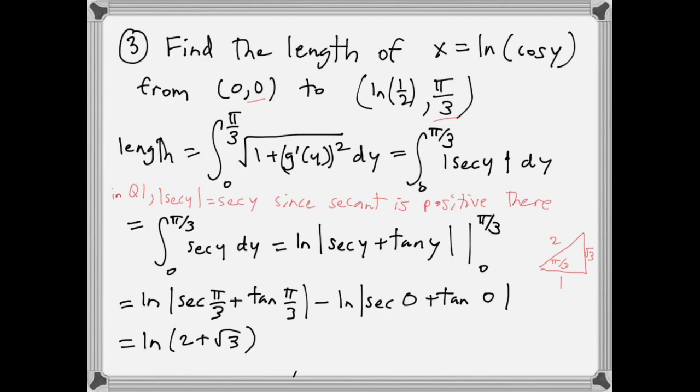You'll notice I got rid of the absolute value because 2 plus root 3 is a positive number. And then what happens here? Well, secant of 0 is 1, tangent of 0 is 0, so you get ln of 1, which is just 0. And so this is your final answer. Ln of 2 plus root 3.